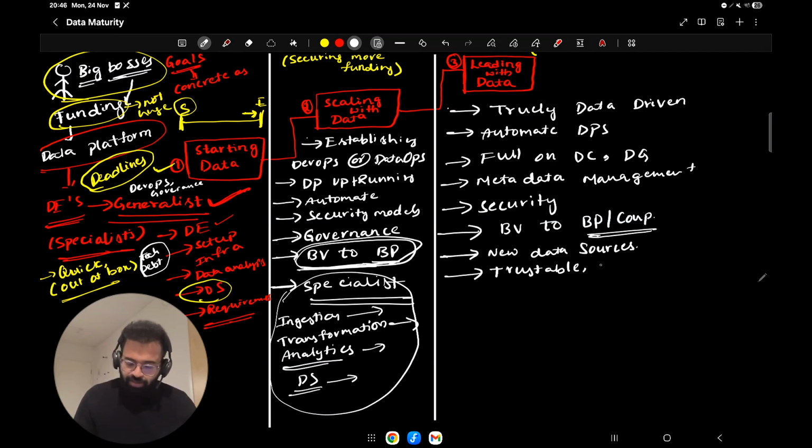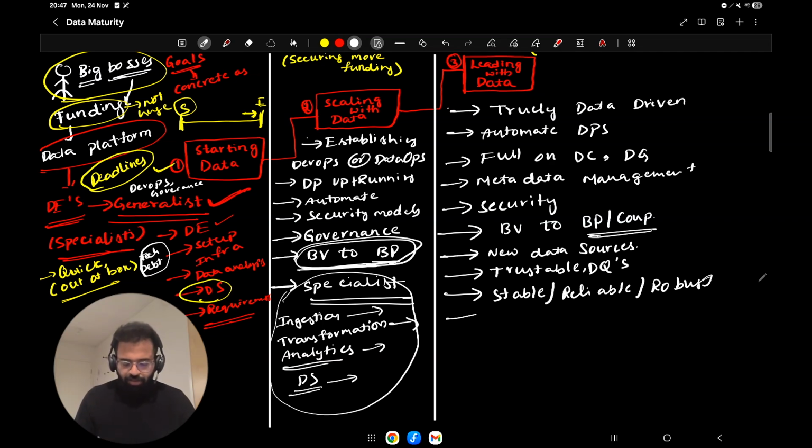You have nicely implemented data quality checks and all that stuff. And your platform is stable, reliable, and completely robust.